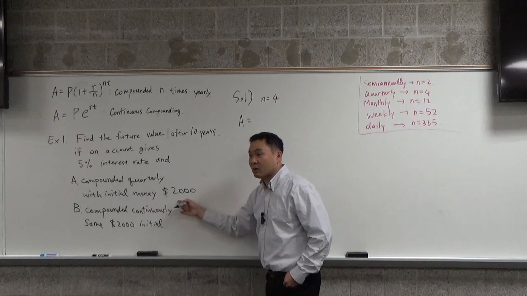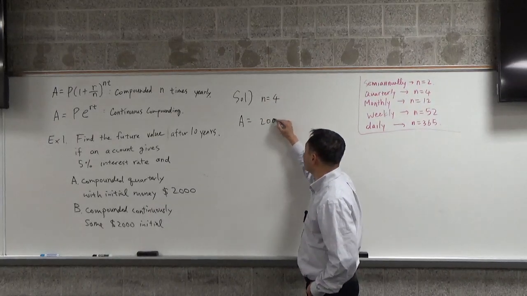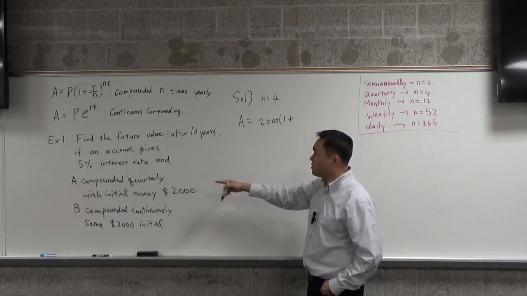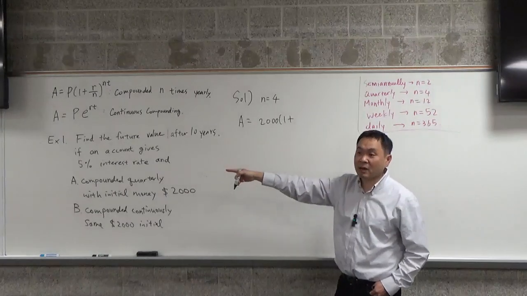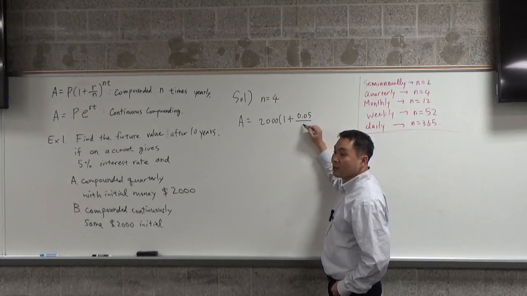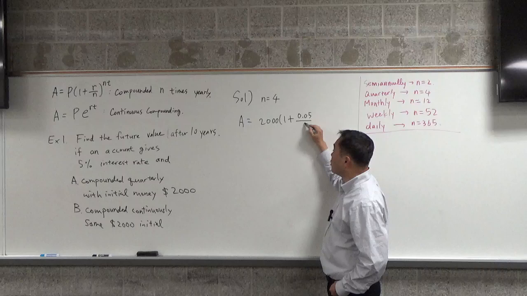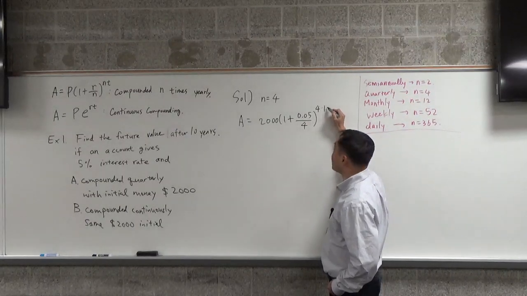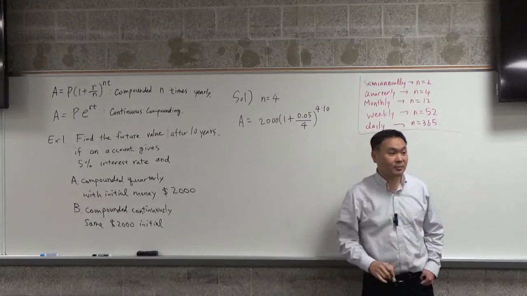Principal is the initial amount, $2,000, multiplied by 1 plus, what's the rate? Rate of 5% is 0.05 divided by n, which is 4, to the power of 4 times 10. Okay?